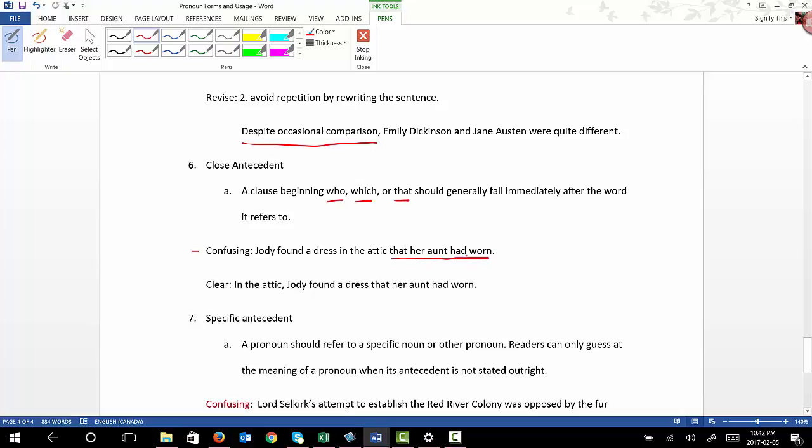That her aunt had worn makes it sound as though it's referring to the attic, but that is not the case. We are actually referring to the dress. So in this case, you would put the prepositional phrase at the beginning: "In the attic, Jody found a dress that her aunt had worn."